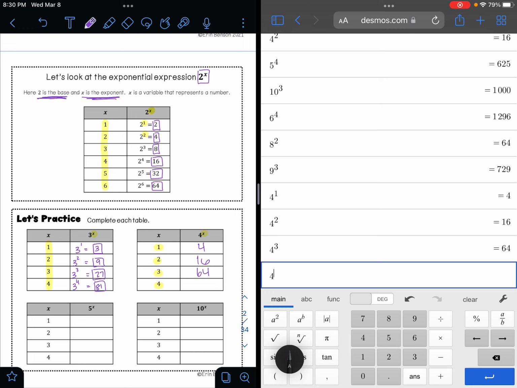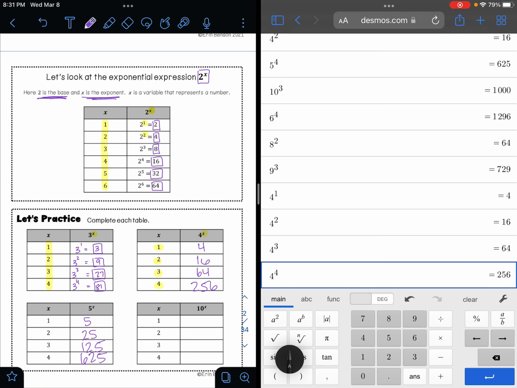And 4 raised to the power of 4 is 256. Let's try that down here for this one. 5 raised to the first power is 5. 5 raised to the second power is 25. 5 raised to the third power is 125. And 5 raised to the fourth power is 625.